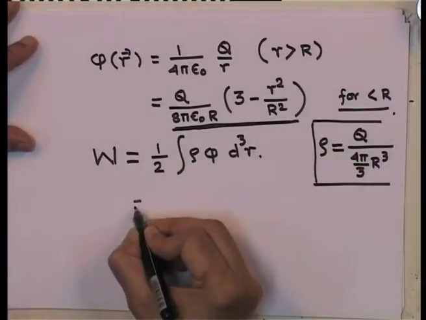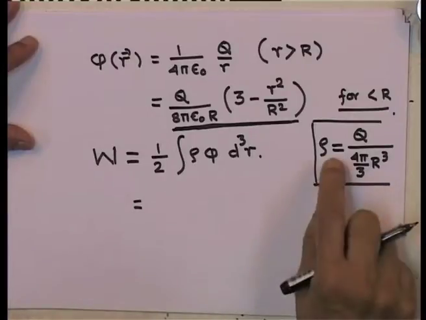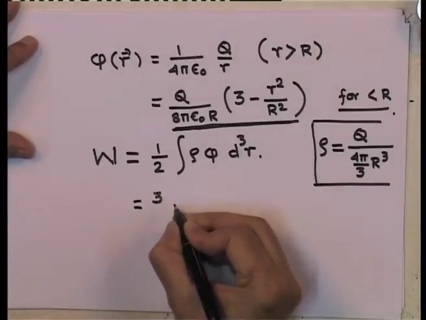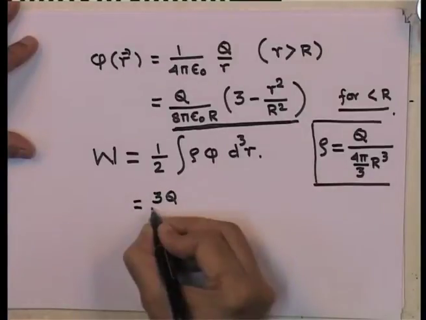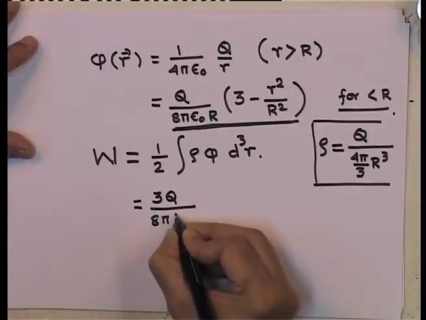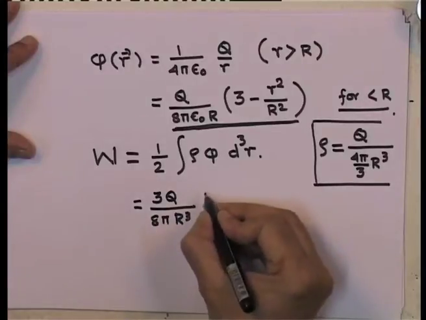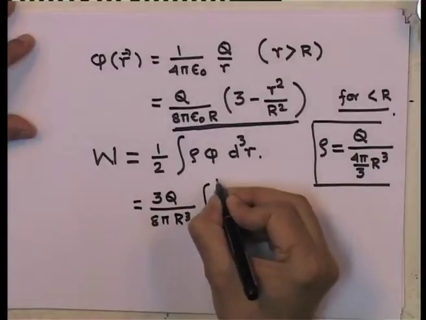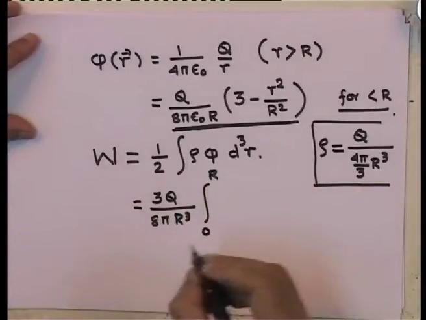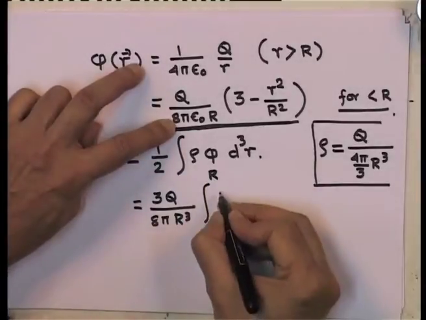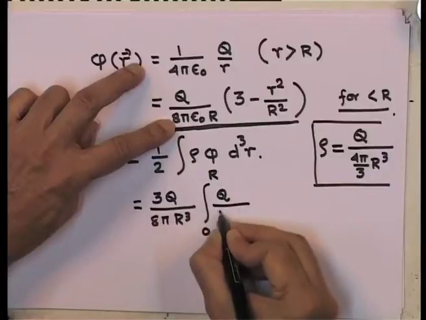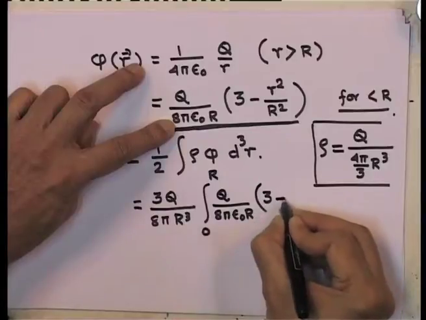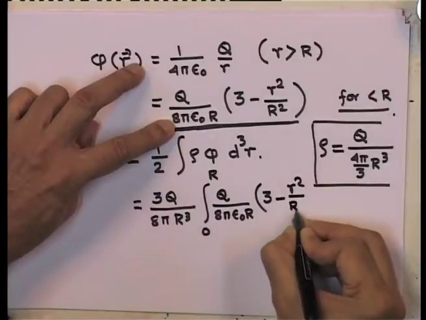So, if I plug it in, since rho is constant, it will come out, and I am left with 3 q over 8 pi R cube integral. Now, my integration is only from 0 to R. The expression for phi there is q by 8 pi epsilon 0 R and 3 minus r square by R square d tau bar.